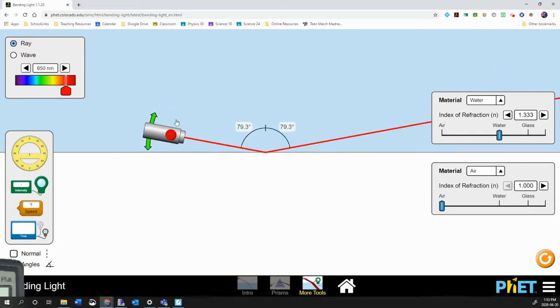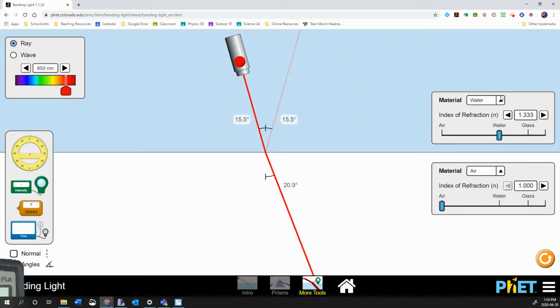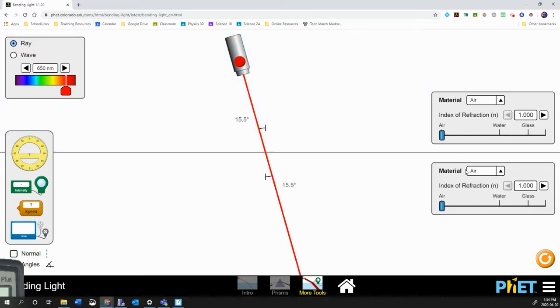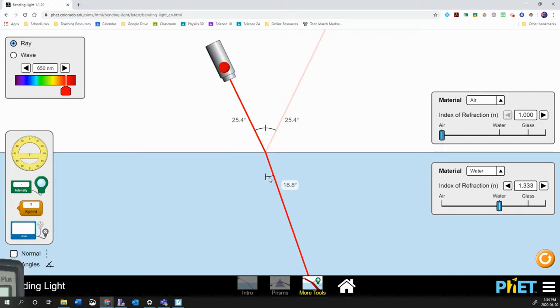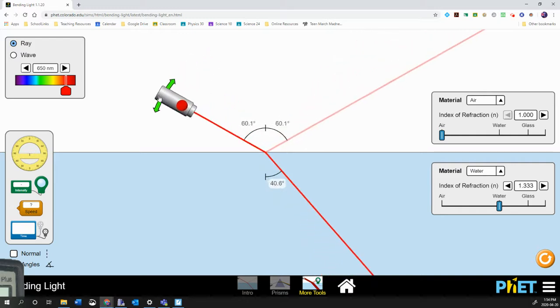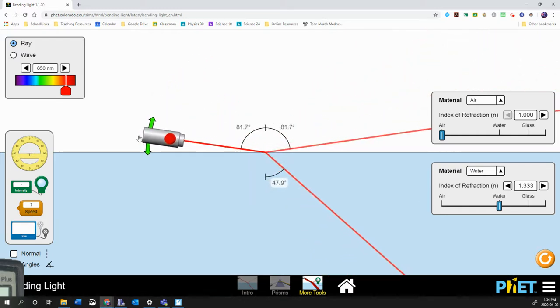But if we switch the scenario, put the air as our first medium, put our water as our second medium, because the refracted angle is always towards the normal. In other words, the refracted angle is less than the incident angle. We never have to worry about, we never experience this critical angle or total internal reflection.